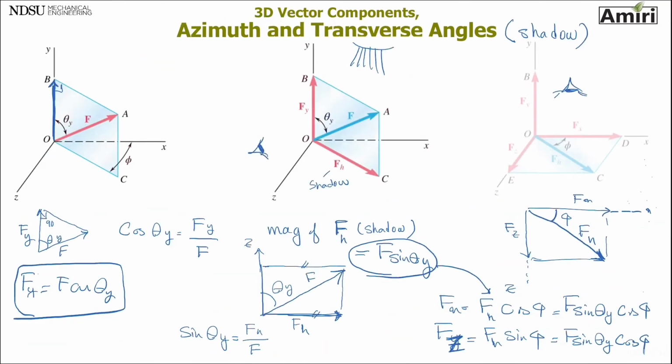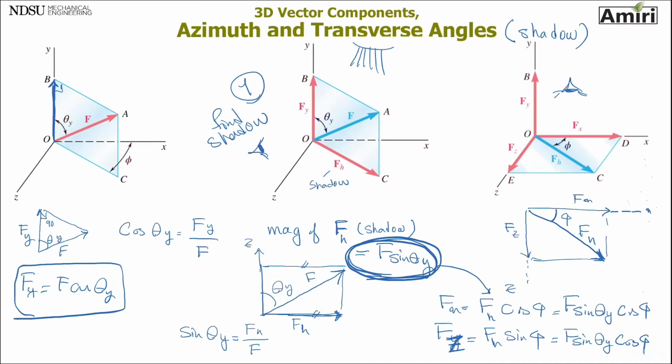But if you don't have the angle with every single axis, you have one of them but not the other two, then you have to do a two-step. Step one, find the shadow, which is right here that I found. Step two, transfer that shadow to the axes that you're looking at. Here it was the x and z axes.